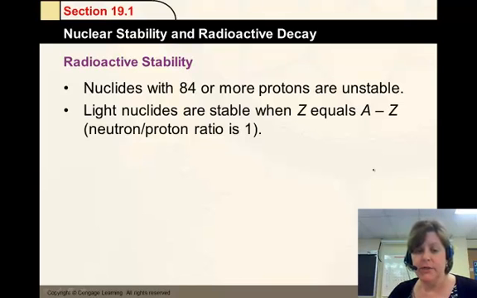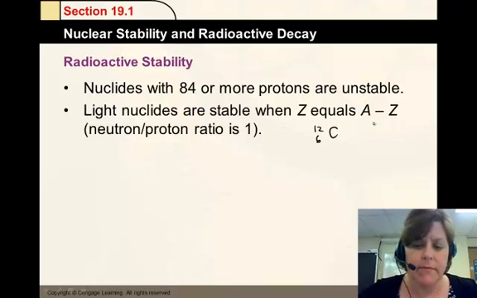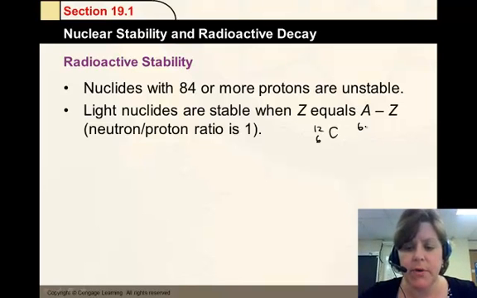Light nuclides are stable when Z equals A minus Z. In other words, when you have the same number of protons and the same number of neutrons, then things tend to be stable. As in carbon 12, you can see it has 12 things in the nucleus, but 6 protons, 6 neutrons, and 6 electrons.